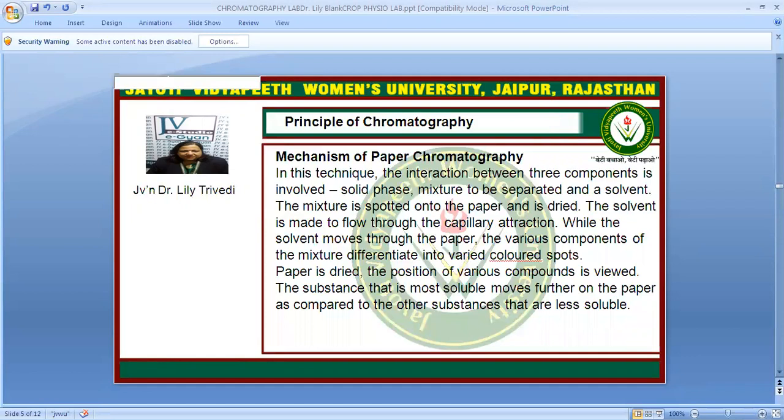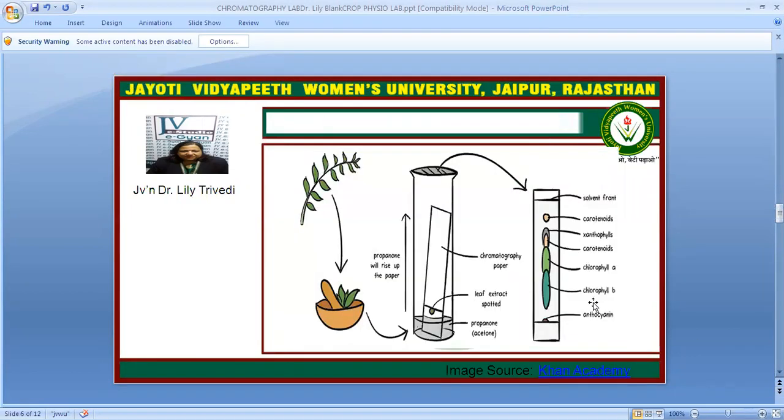The paper is then dried and the distance traveled by the different compounds is measured, and the more soluble, the further it travels on the paper.